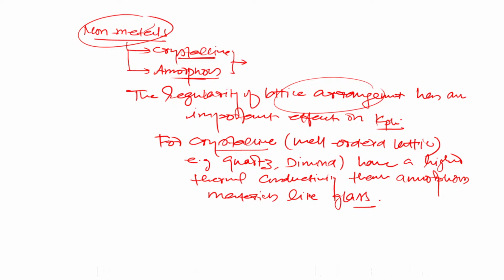And how much its importance is there, I want to show you. In fact, for crystalline non-metallic solids just like diamond or beryllium oxide, K of phonons can be quite large, exceeding the K of good conductors just like aluminium. Are you getting? At a given temperature, the K of crystalline is obviously more than amorphous, and sometimes the kph is much more than thermal conductivity of most of the metals. Is this clear?